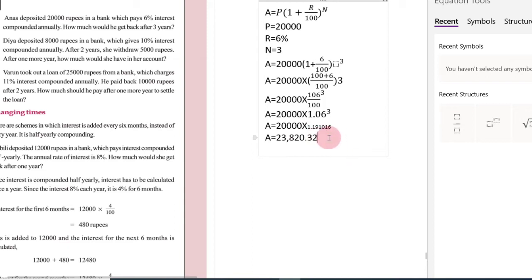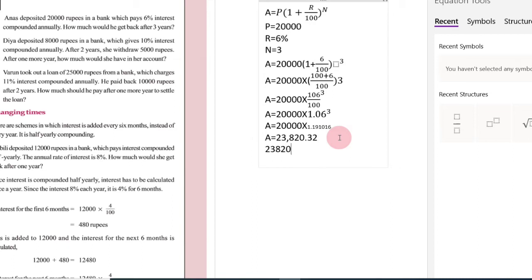So if the paise part is less than 50, the bank ignores that amount. So here Anas got only 23,820 rupees. The amount Anas got after 3 years is 23,820.